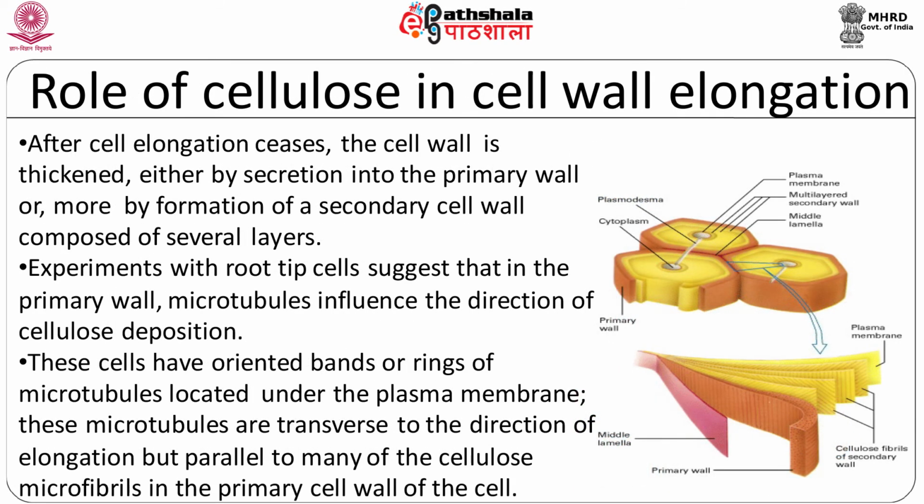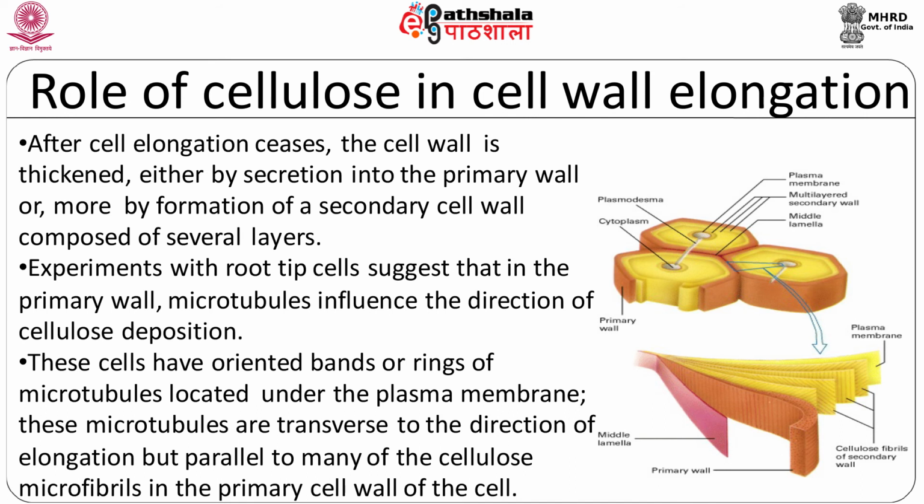After the cell elongation ceases, the cell wall is generally thickened either by secretion of additional macromolecules into the primary wall or more usually by formation of a secondary cell wall, which is composed of several layers of cellulose. Experiments with elongating root tip cells suggest that in the primary wall, at least, microtubules influence the direction of cellulose deposition, suggesting a very critical role of cellulose in cell wall elongation.